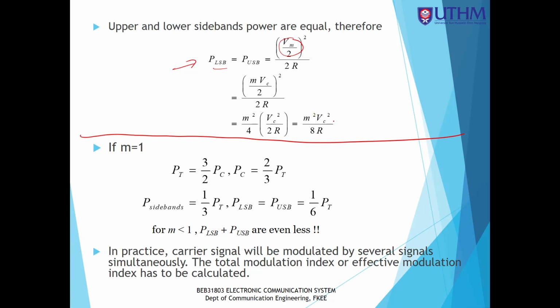Don't be confused. This is just to show the relationship of the modulation index, the voltage and the carrier voltage. So it is m square VC square over 8R. This is for each of PLSB and also PUSB.